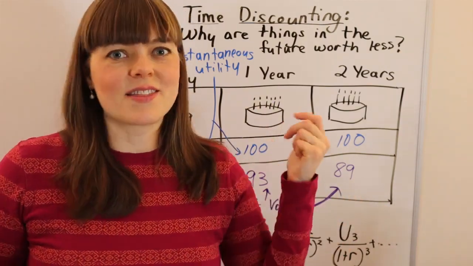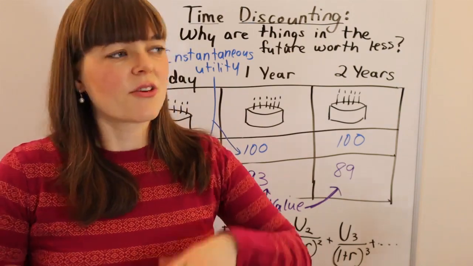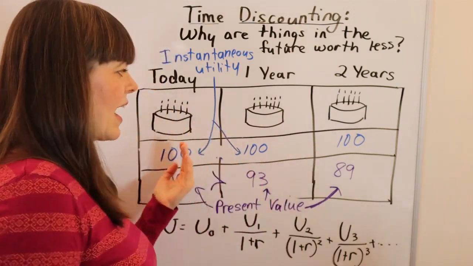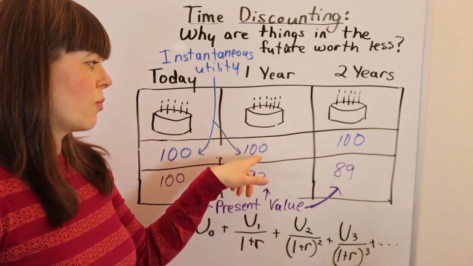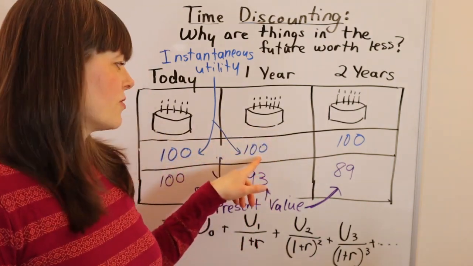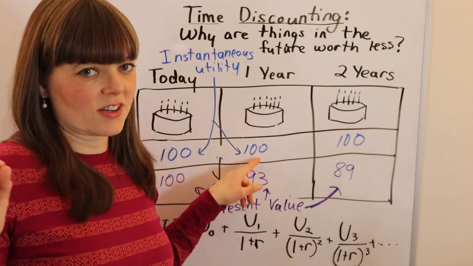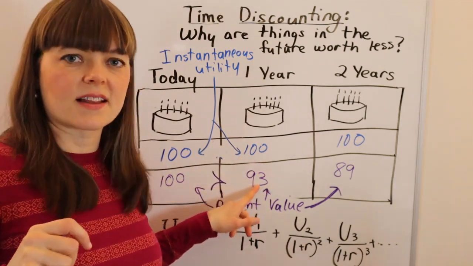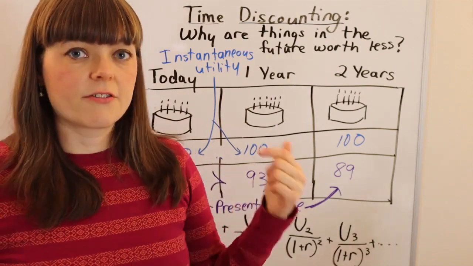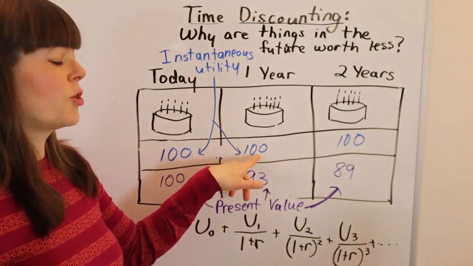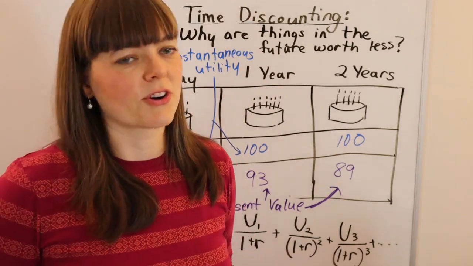You could die, the bakery could go out of business. There's all kinds of uncertainties between now and 1 year from now that make the fact that you will enjoy this 100 utils a little bit uncertain. So because of that, it actually makes sense to have lower value on the cake from today's vantage point than you would if you were in the moment actually experiencing the cake.